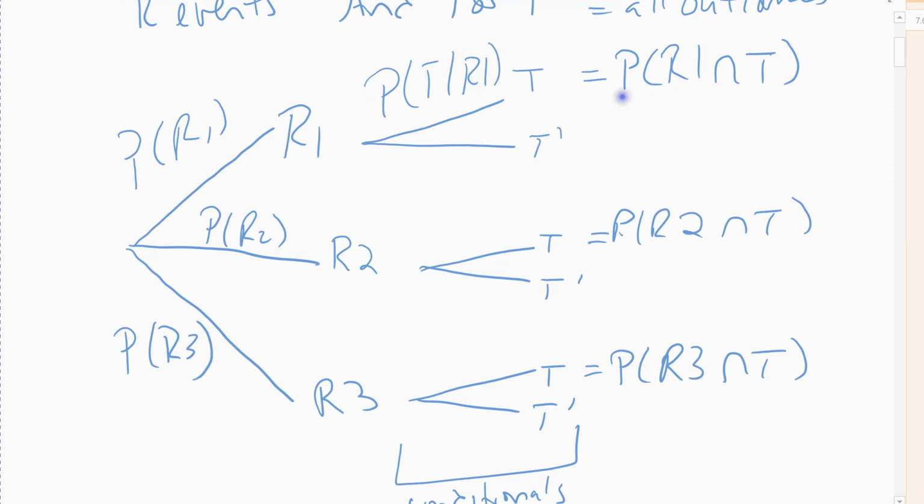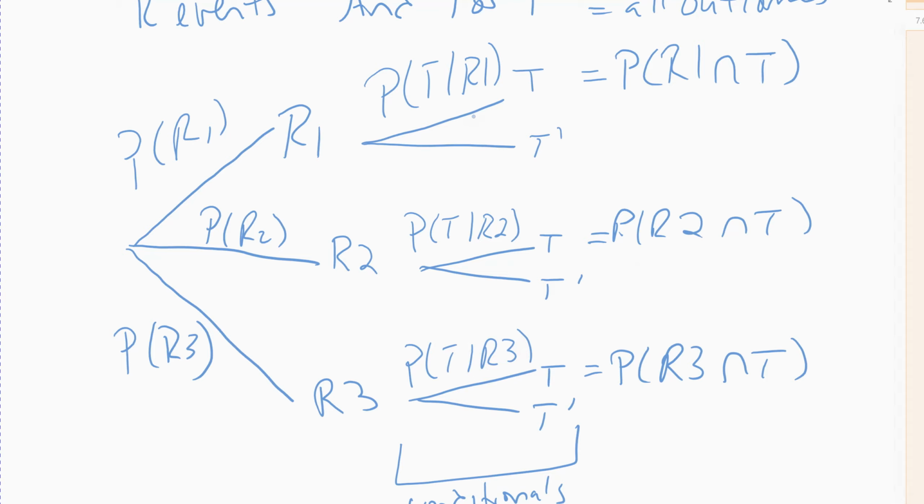Then you multiply those out to get to this event. This is the product along the tree branches. Same thing here: if I know I'm down route 2, event 2, to get to T, then it's the probability T happens given event 2. And the third one, same thing: the probability T happens given event 3. We find our AND probabilities by multiplying down those paths. That's nothing new. That's all stuff we did in 7.5.